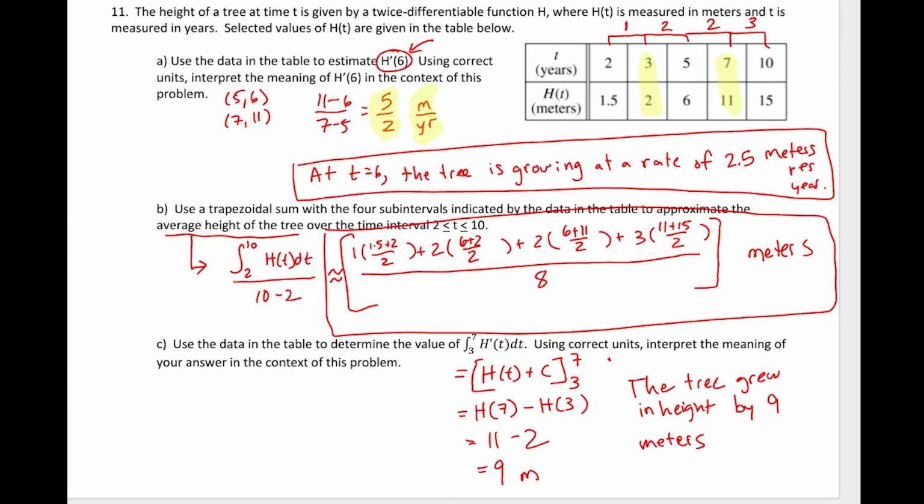And this next part is a part that's easy to forget. But because of the nature of these problems, it's important for us to say that that's not to just say that it grew that much, but to be specific about when did it grow that much. Okay, from t equals 3 years to t equals 7 years. And I think you can get away without actually putting years there, but it did specifically say use correct units. So try to be on the safe side there.